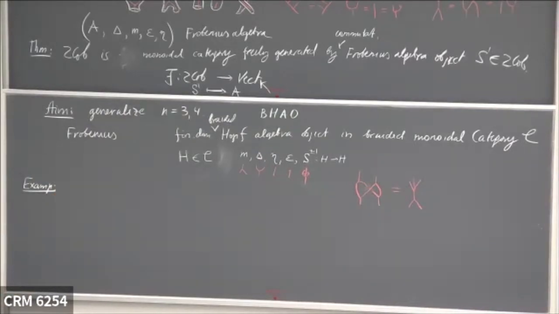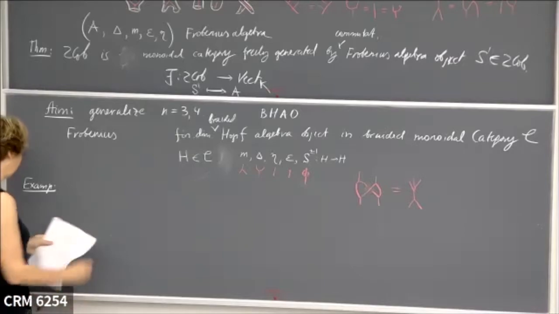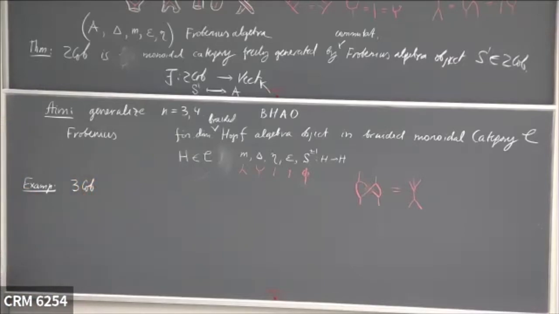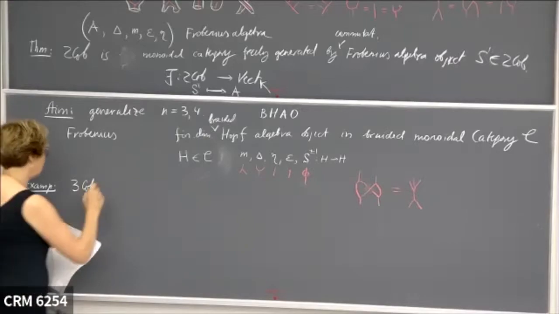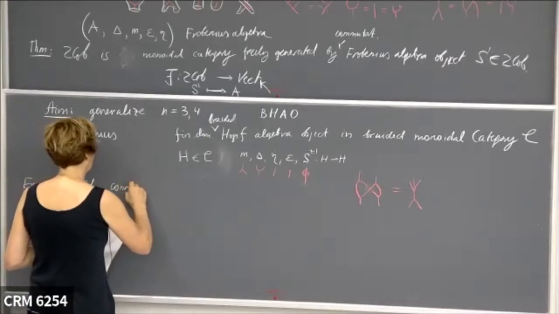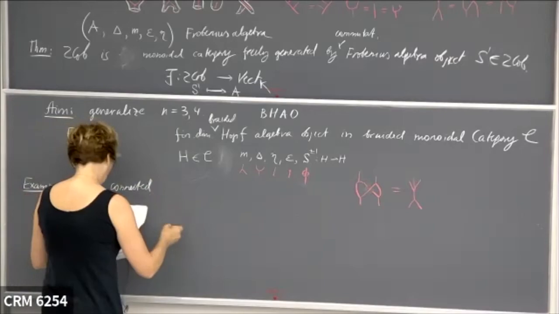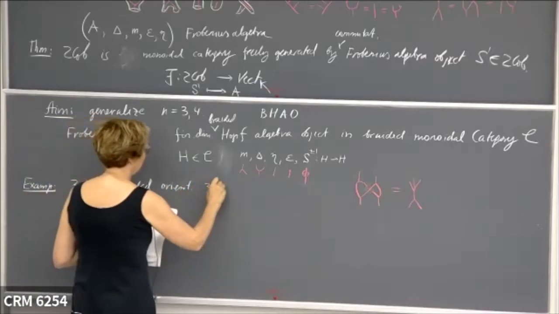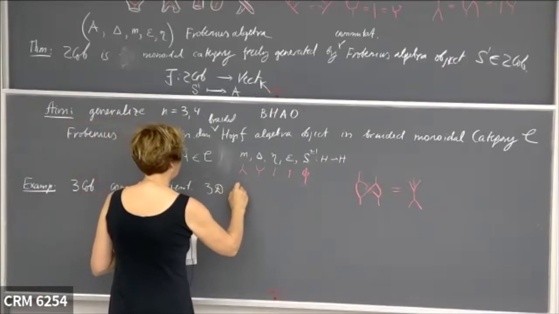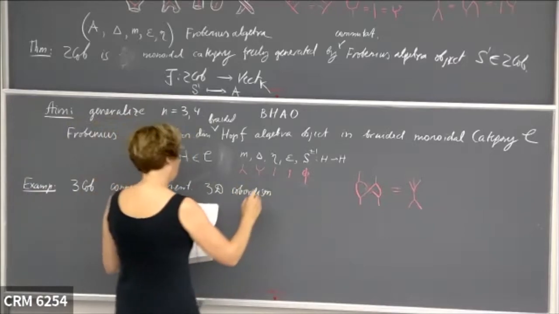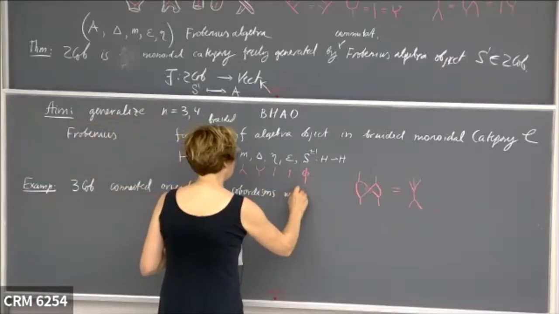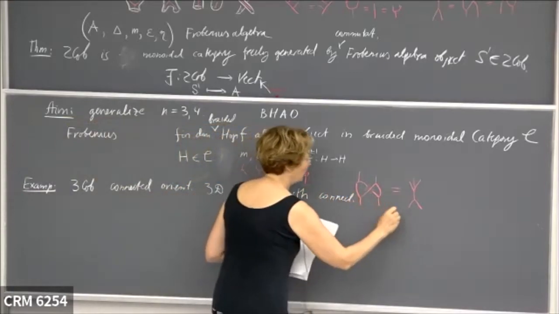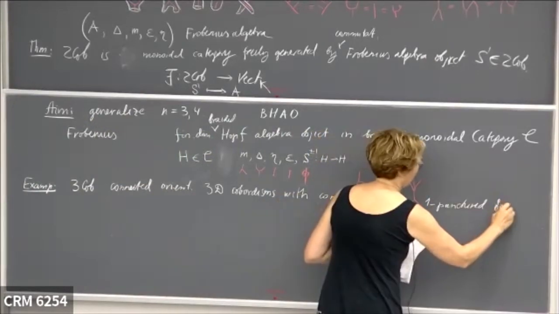And indeed, we do. One very interesting example is if we consider the category of three-dimensional cobordisms, and these are connected, oriented, compact, three-dimensional cobordisms.